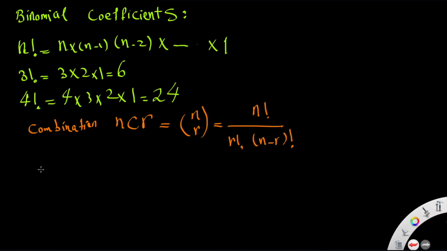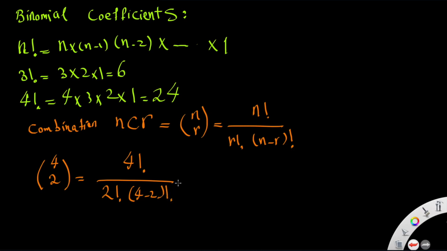For example, combination of 4 and 2 will be 4 factorial over 2 factorial times 4 minus 2 factorial.